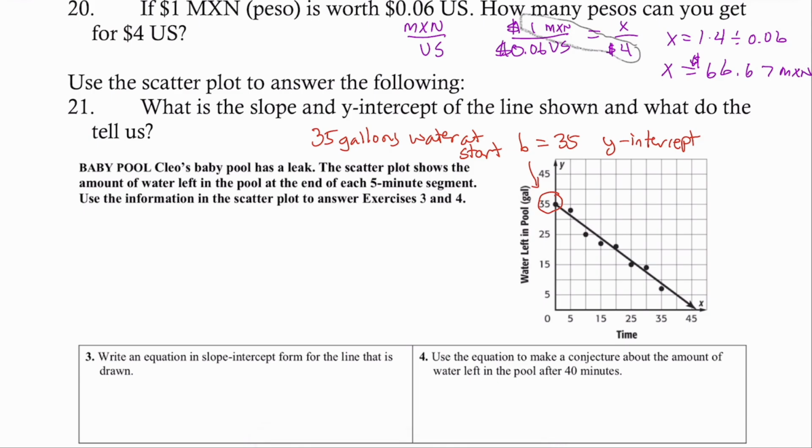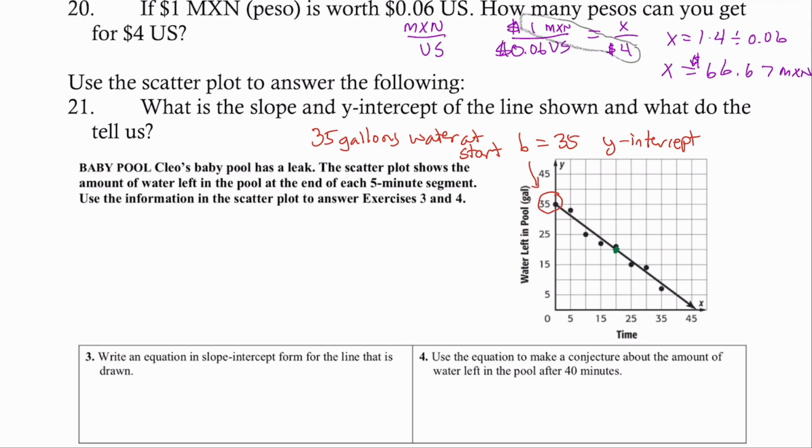Now the next thing it asks is about the slope. So I found the y-intercept first. It's the easiest one to spot. It's where I hit the y-axis. Remember, that's our starting place. Now, let's think about our slope. Our slope is going to be negative because the water is going outward. We're losing water. It's a negative. And so let's just find some nice points.